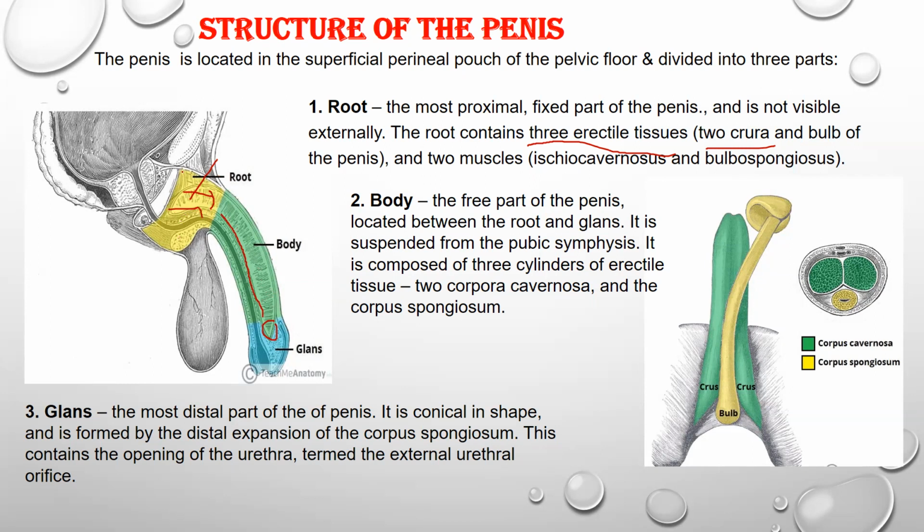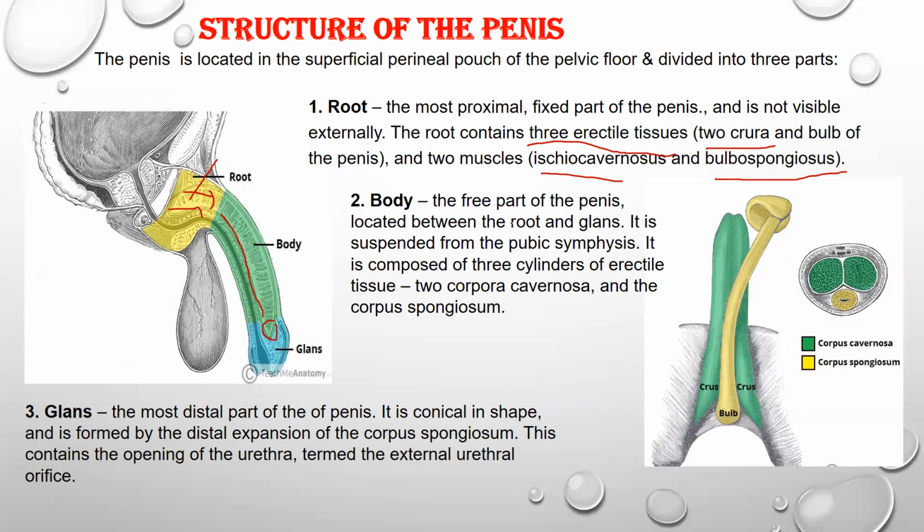At that time, these pelvic floor muscles work as pumping muscles, circulatory muscles. They help in pumping more blood towards the body, and help in a better rigid erection. The two muscles present here in the pelvic floor are the ischiocavernosus and bulbospongiosus. Very, very important muscles. We'll understand that in upcoming slides.